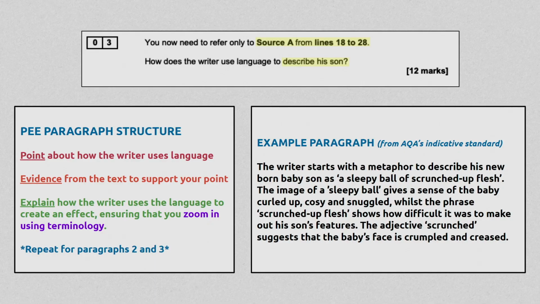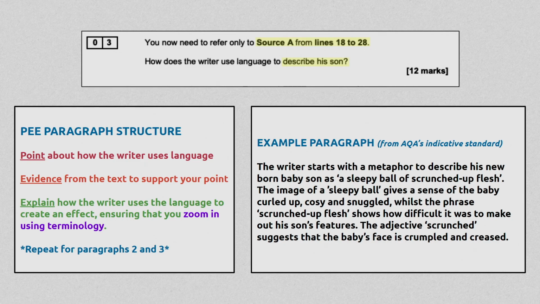So let's have a look at an example paragraph that answers this question. It's worth noting that this paragraph has actually come from AQA's indicative standard, which means it has come from the exam board themselves. They have provided this in their mark schemes. So we can see in this answer exactly what it is the examiners will be looking for.